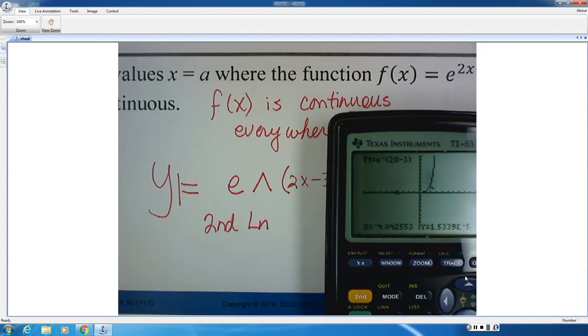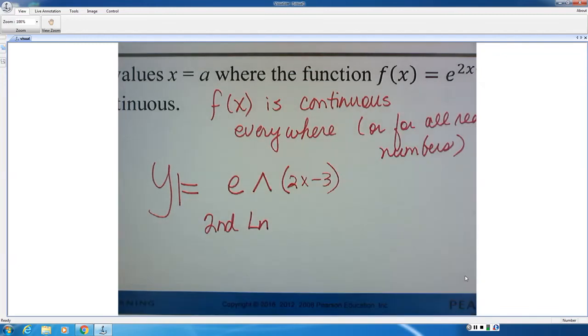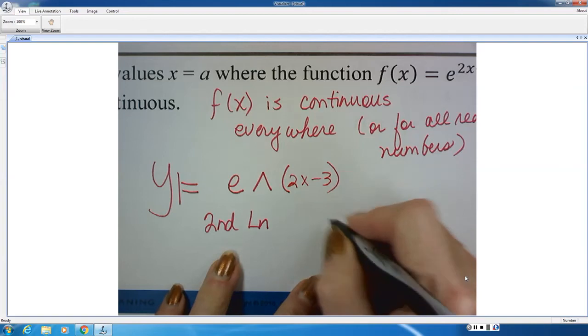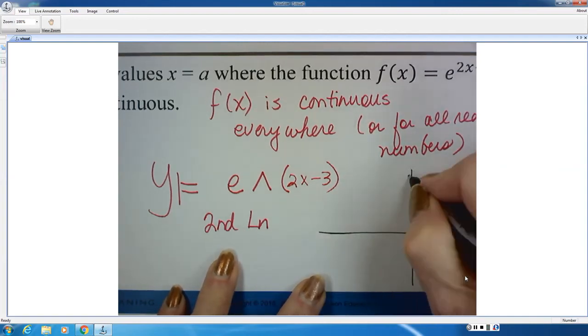Go to the zero, like you're doing the x-intercept? No, I'm just going to trace, just hitting trace. And I'm going to trace to the left. I'm going to keep pressing the left arrow button. And what you see happening, I'm going to try to sketch it for you. Here's your x-axis. Here's your y-axis.